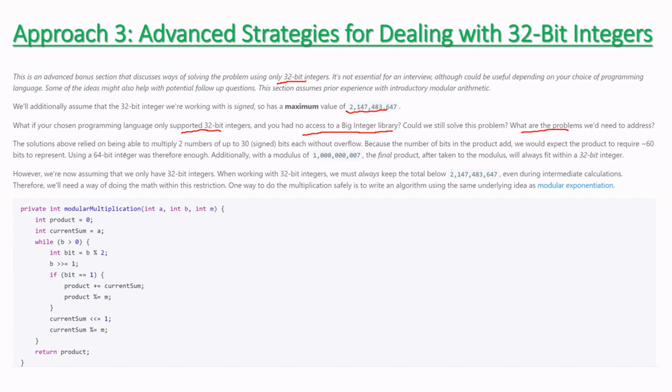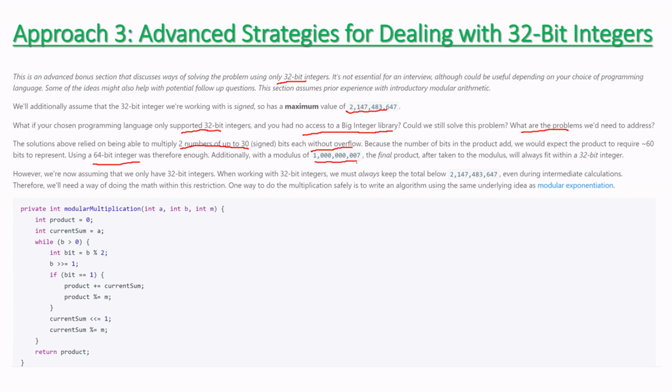The above solution relies on being able to multiply two numbers up to 30 signed bits each without overflow, right? Because the number of bits in the product adds, we would expect the product to require 60 bits to represent, using a 64-bit integer. That is therefore enough, additionally with a modulus of this, right?